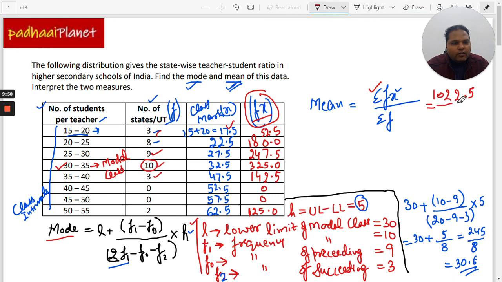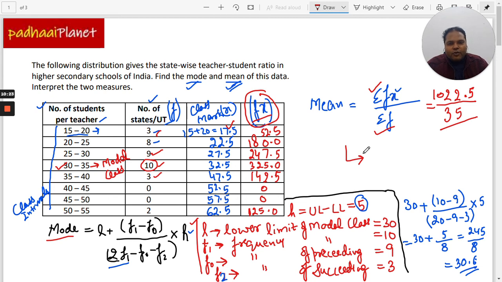Now let's calculate sigma f. If we calculate, we get 20, 30, 33, 35, so sigma f is 35. It will be a little difficult to divide just like that, but I guess the mean will be somewhere around 30.